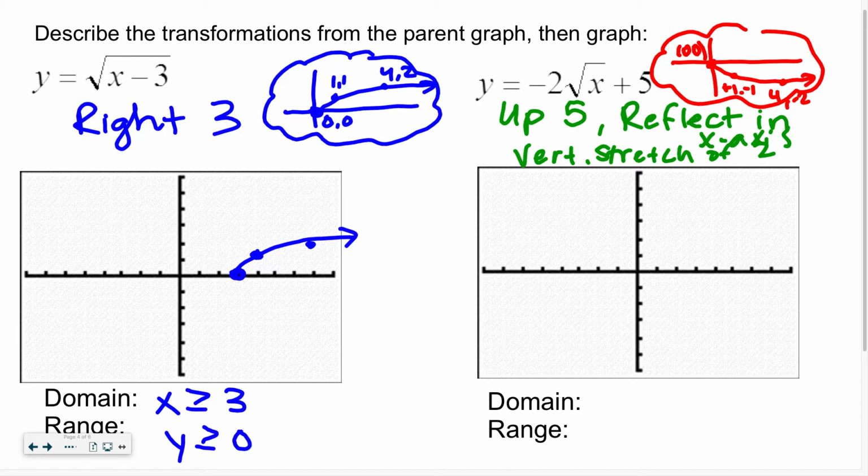Now I'm going to move all those points up 5. And I'm going to stretch. So this one, when I vertically stretch it, its y value is 0. 0 times 2 is 0, so I just have to move it up 5. 1, 2, 3, 4, 5.